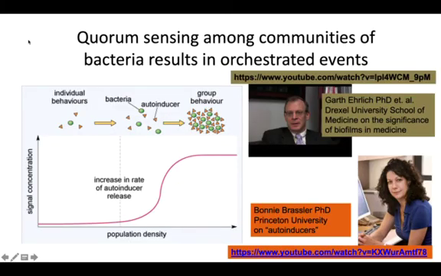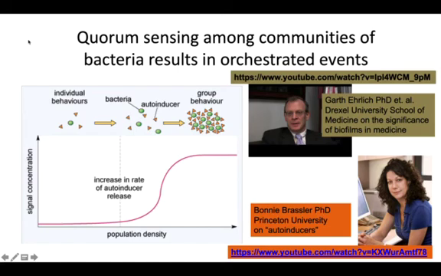I'm going to end with this: quorum sensing. What they have found out with bacteria within biofilms is that individually bacteria may give off these chemical signals, little chemicals or molecules. If there aren't other bacteria around, those signals will just pretty much disappear into the environment. But once you start getting an establishment of a community, of a biofilm, you get more and more bacteria being produced, more and more bacteria coming into the picture.